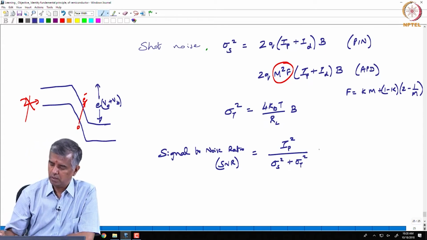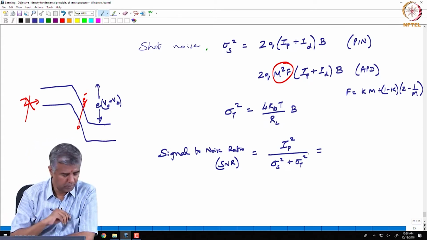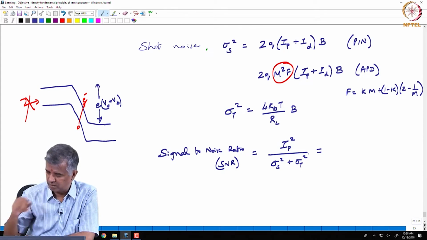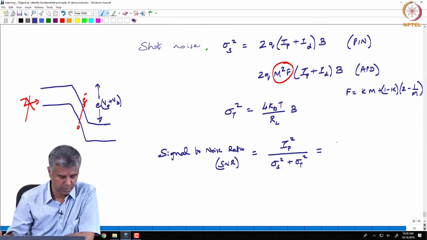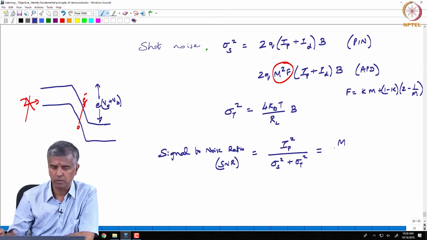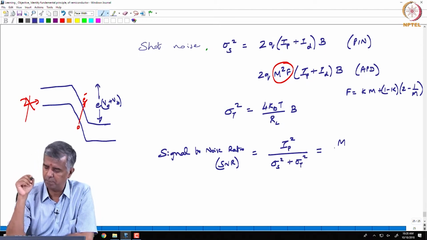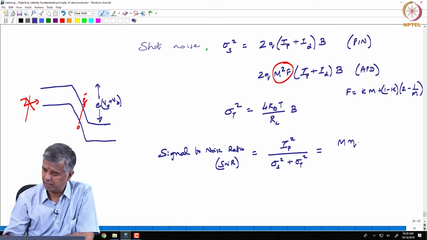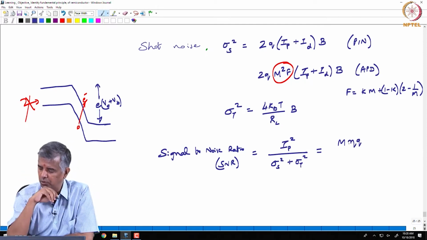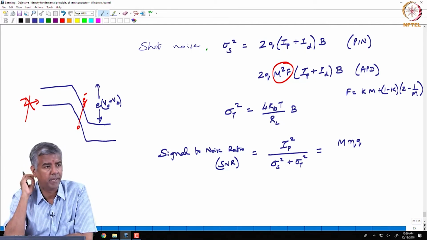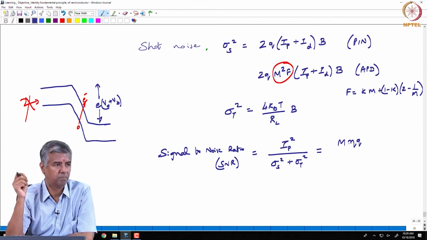And if you write this out, you can basically say that the photocurrent is going to be given by a multiplicative gain M, as in a general case in an APD, eta multiplied by q over h nu, that is the responsivity, multiplied by the incident power.